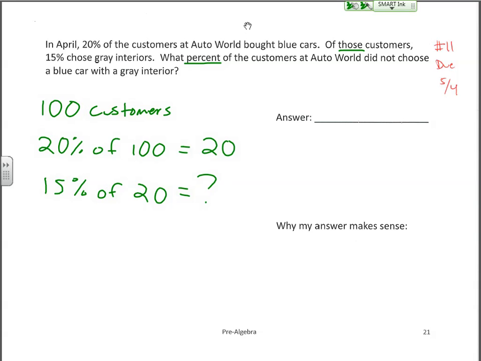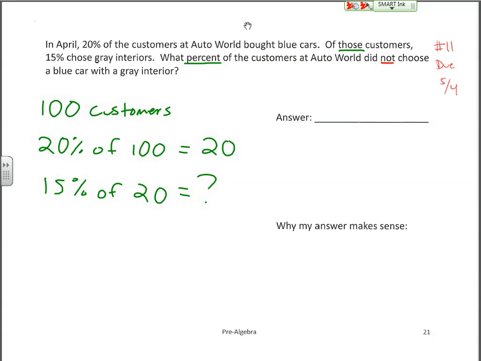And what that percentage represents is the percentage of customers who bought blue cars with gray interiors. Our question is what percent of the customers at Auto World did not choose a blue car with a gray interior? The example that we talked about in class, and this isn't the right answer, so don't use it, was if 60% bought blue cars with gray interiors, what percentage didn't?